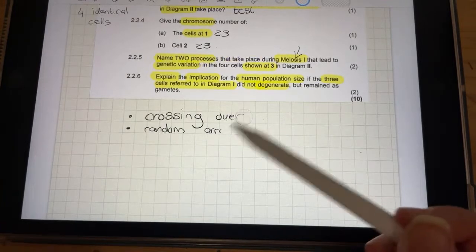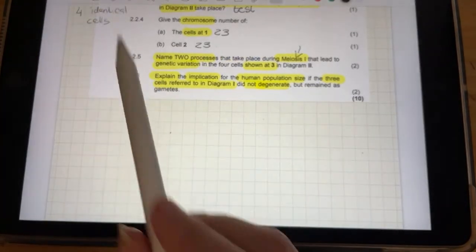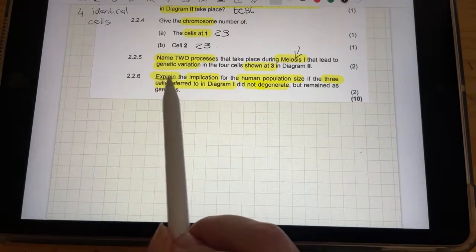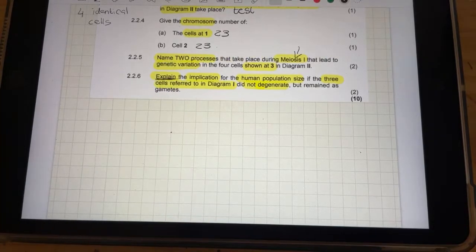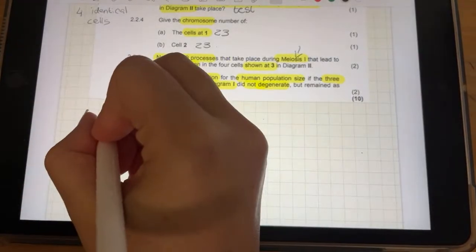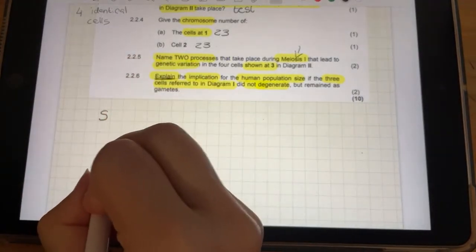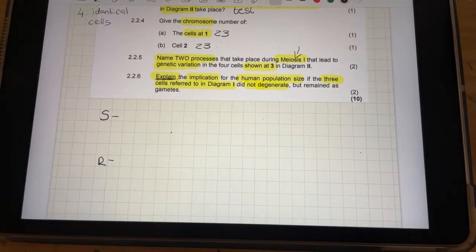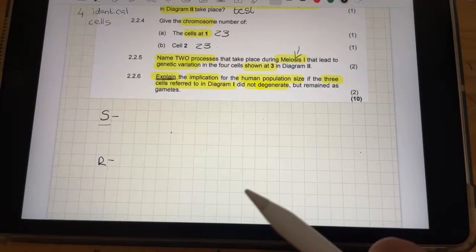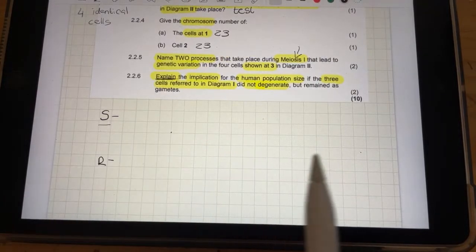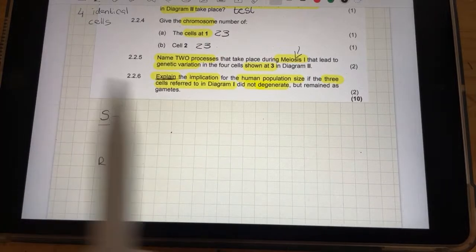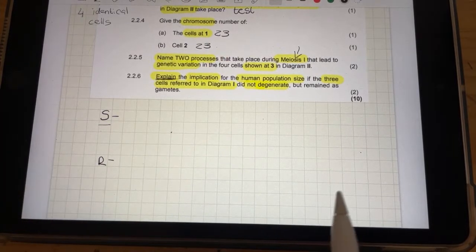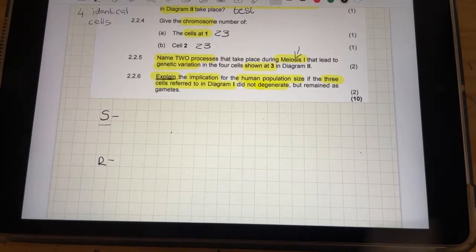So if we just get rid of this, so I can write my answer down here nicely. Because I'm going to answer Sangeeta's question about explaining, right? So explain for 2 marks, okay? Statement, reason. To make it nice and easy, I want you to think of the statement being a sentence that you're going to show the marker you understand the process or the fact or what's being asked, and then you're giving a reason to how you know it is true or it's a fact.